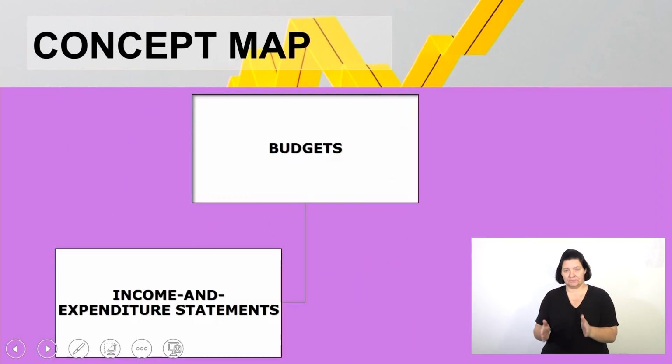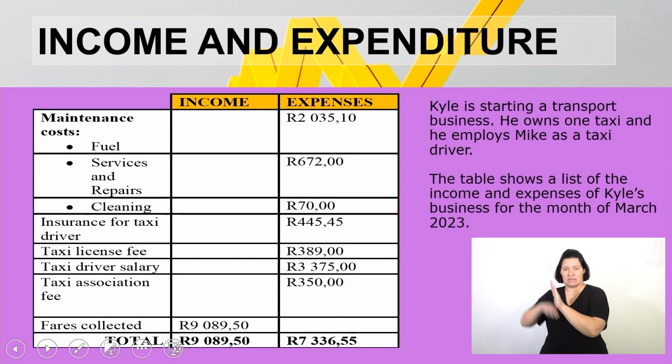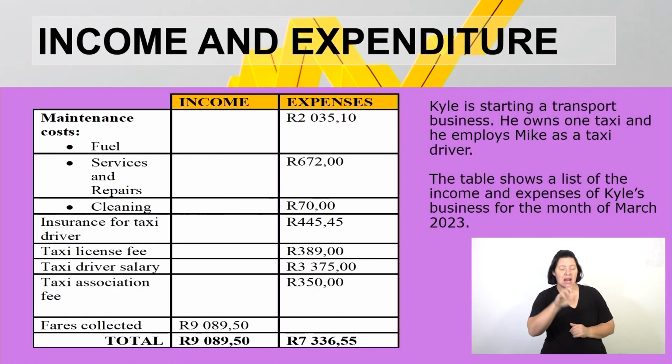Let's move on. Now we'll be looking at income and expenditure statements. Kyle is starting a transport business. He owns one taxi and he employs Mike as a taxi driver. The table shows a list of the income and expenses of Kyle's business for the month of March 2023. So again, let's get familiar with what is presented to us.